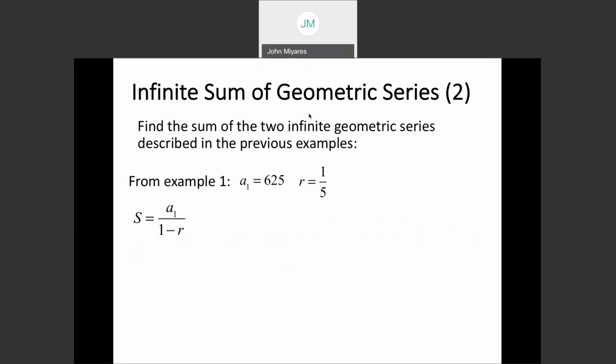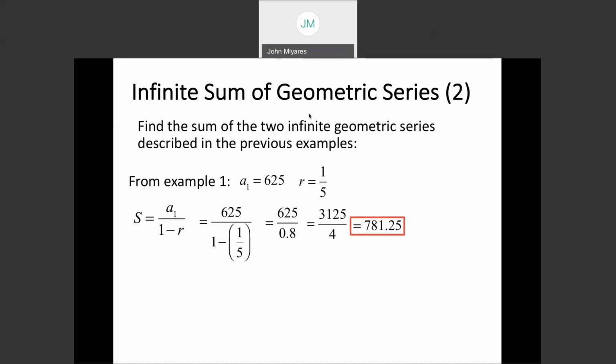If we look at this formula, the sum can be computed by subbing in a sub 1 and r, giving 625 divided by the quantity 1 minus 1/5. The denominator will simplify to 0.8, and 625 divided by 0.8 becomes 3,125 over 4, or 781.25.